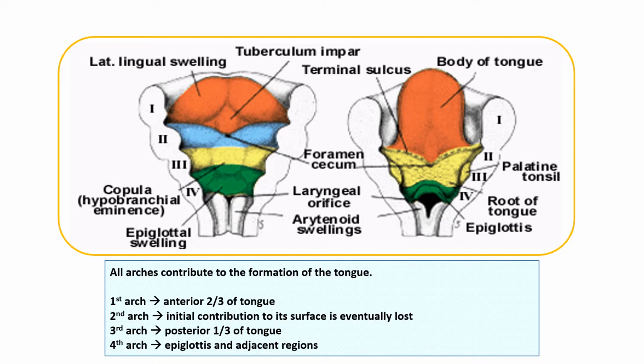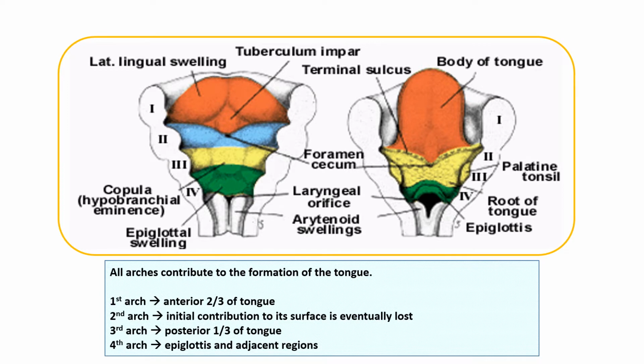Now, because we're already in this region, as a side note, I will also share that the third median swelling that is formed by the posterior region of the fourth pharyngeal arch will start to proliferate, and if you compare between images 2 and 3, you'll notice that that green part will eventually mark the development of the epiglottis.